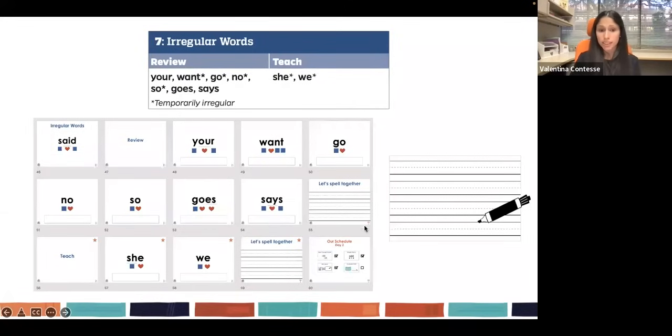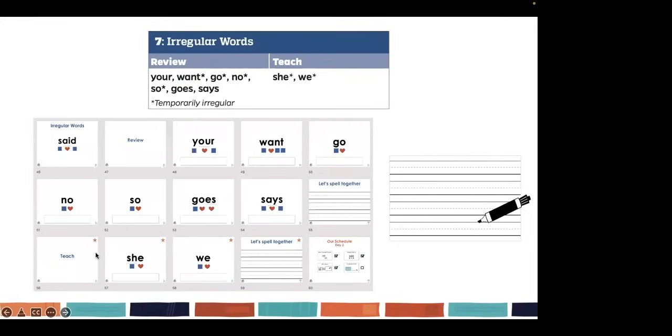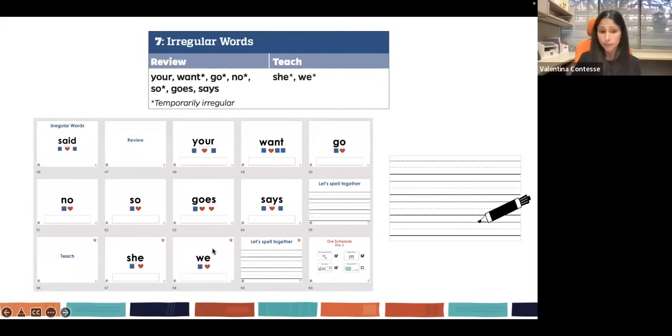Then "Let's spell together" to practice spelling those review words, and then a slide that says teach, and then the two words that match the teach words on the lesson plan. It's small and we'll see a closer look, but all of the teach slides, so again, for new irregular words, have an orange star in the top corner in order to remind you that these are words that are new and require more explicit instruction and practice.